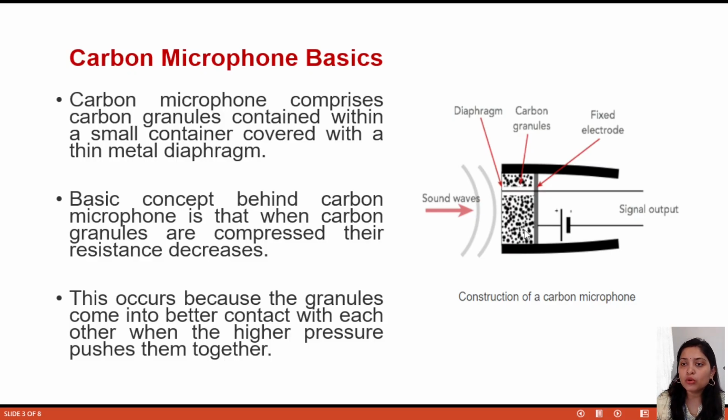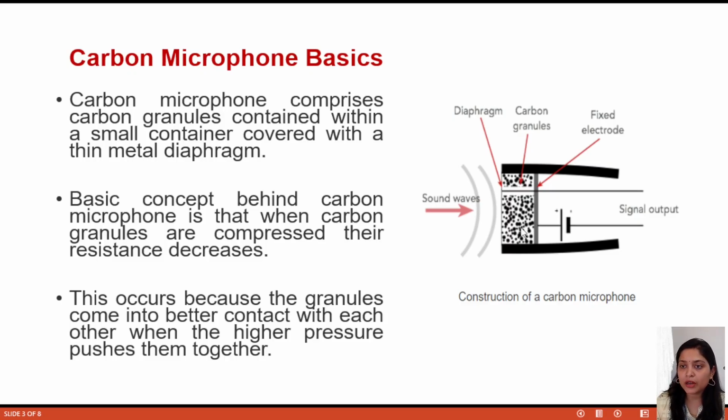So what will happen when sound waves hit the diaphragm? This is a thin diaphragm, so it will vibrate. Due to this vibration, the distance between the fixed electrode and the diaphragm will reduce, and inside there are carbon granules, which have a very interesting property.